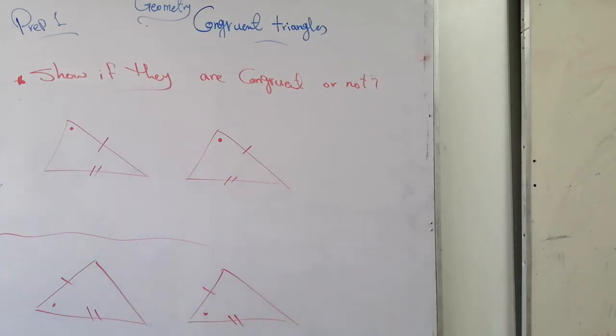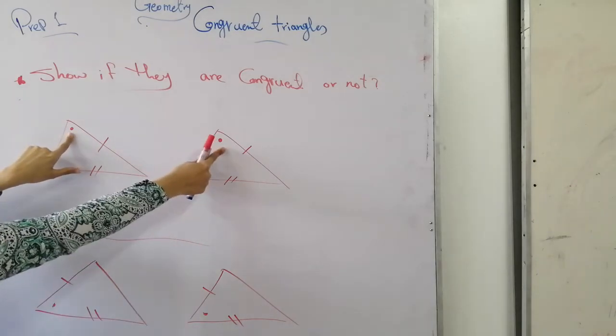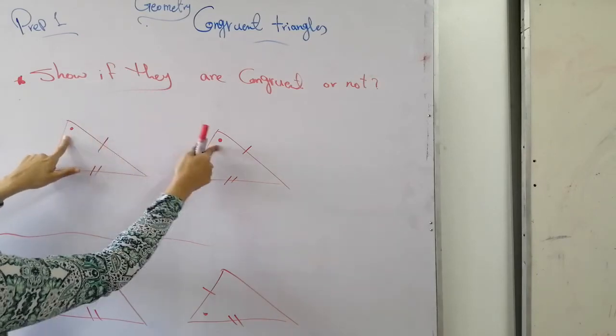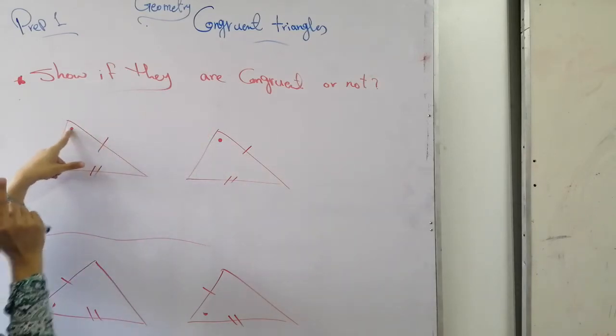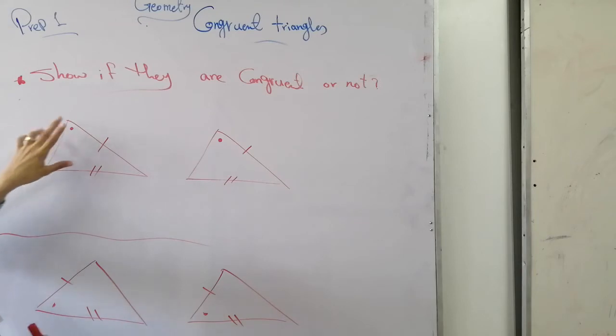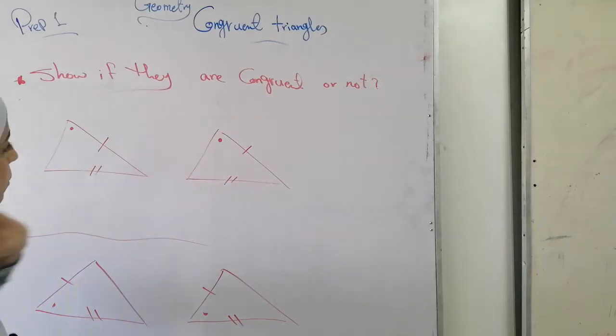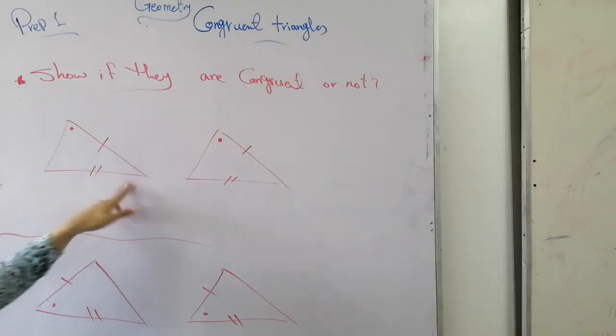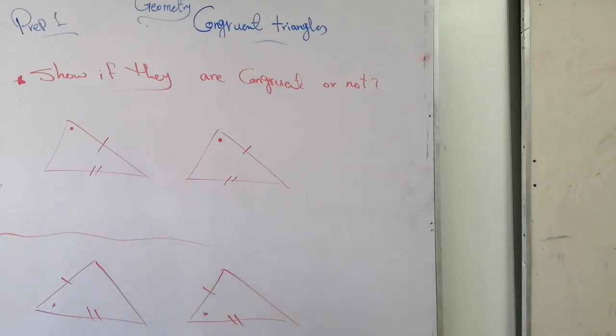The first one says I have this angle. He marked this angle and this angle. These two corresponding angles are equal. He says to me that these two corresponding angles are equal, and this side is equal to this side, corresponding sides. And this side corresponds to this side. These two sides are equal.